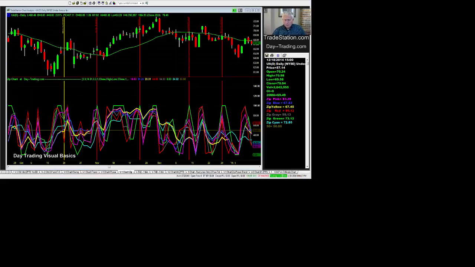What I want to point out on this first indicator is that the pink was coming up with the first day that the zip green hit 100. The pink in this particular case is at 82, so it's lower than what we like to see.